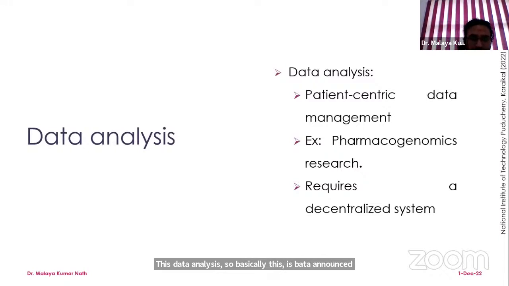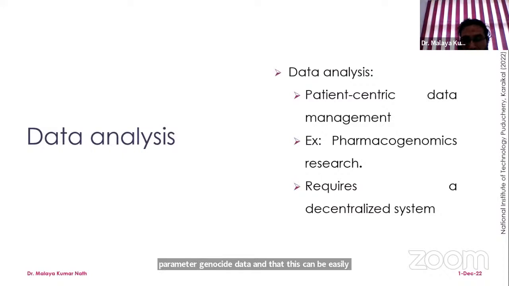So if we look into patient-centric data management, which is basically resource-friendly, deep learning models have been essential elements, particularly in pharmacogenomics research. This pharmacogenomic research requires a decentralized system that provides pharmacogenomic data, and this can be easily analyzed by the deep neural network.